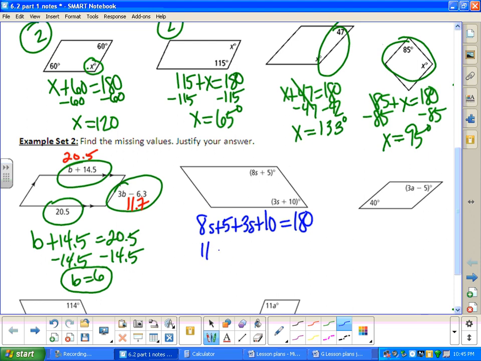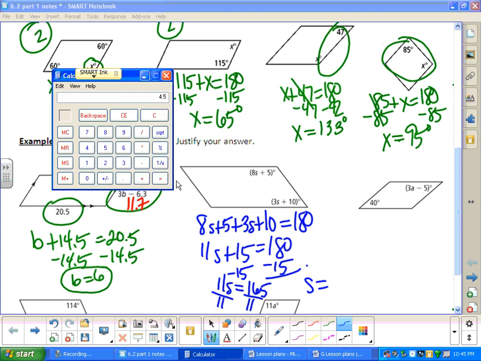And so I end up with 11s plus 15 equals 180. Subtract 15, I end up with 11s equals 165. Divide both sides by 11, and you end up with s equals 15.